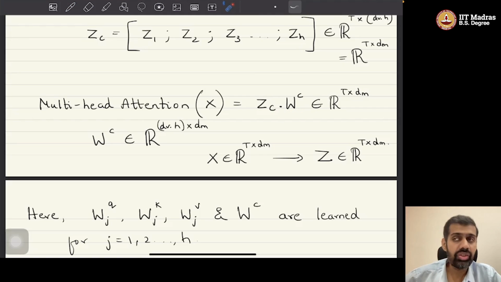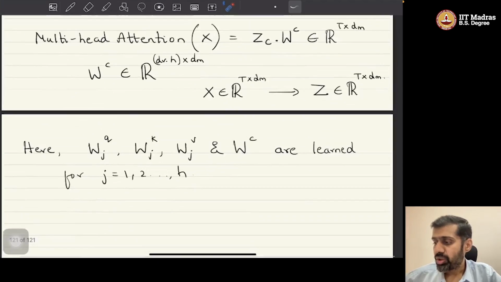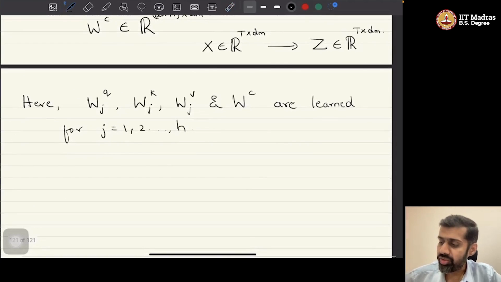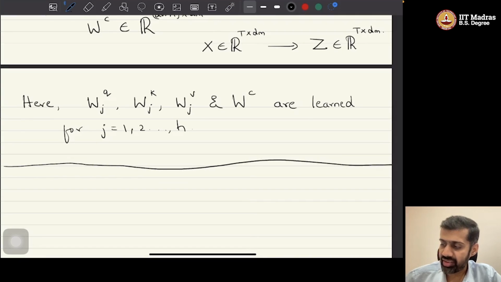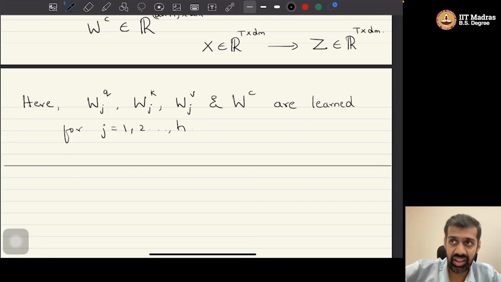So this is the idea of multi-head attention. Now again, we are back to where we started from. What we have right now is a representation Z of the given input data X. Remember that we still have to ensure that we are modeling p theta, which is the autoregressive model. Okay, so let's do that.